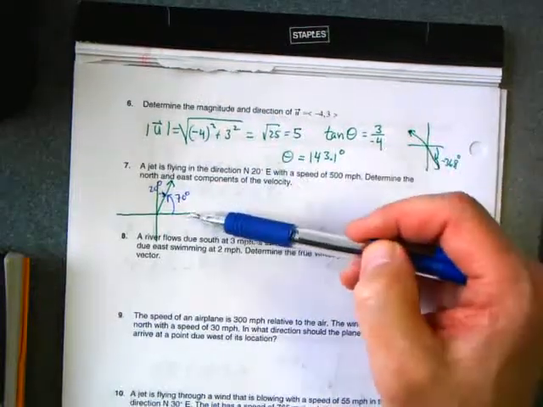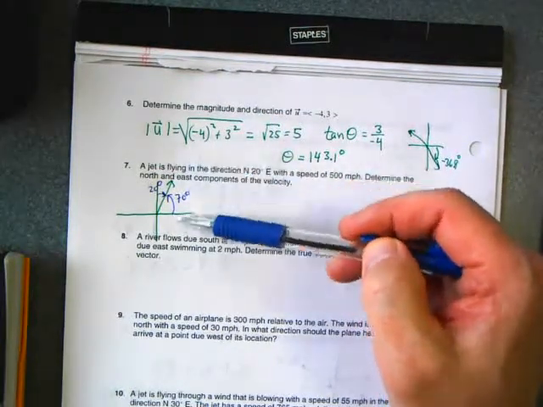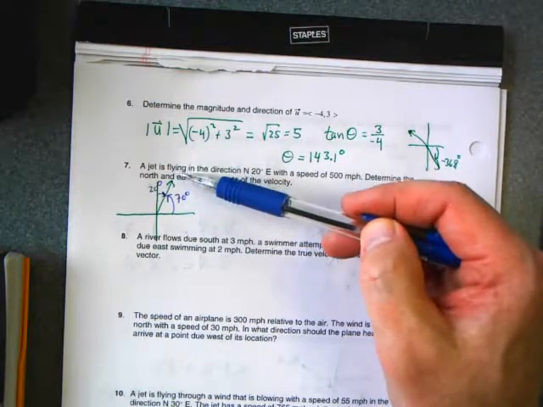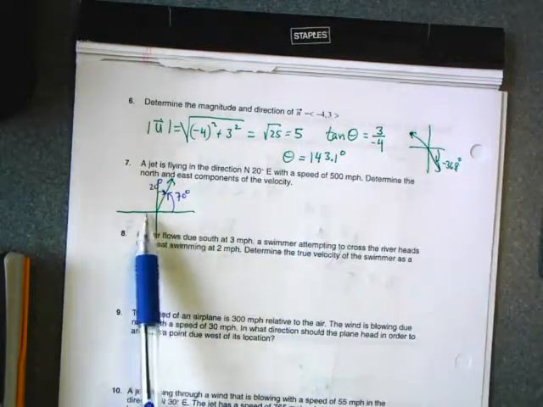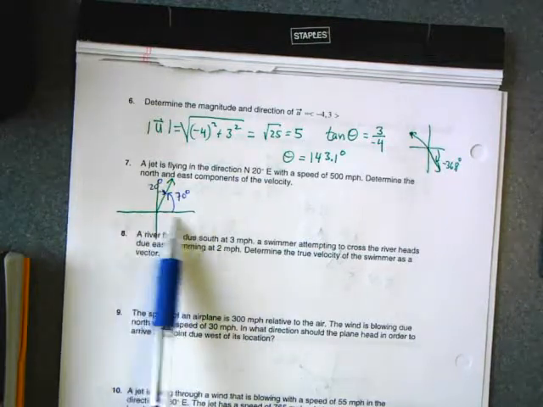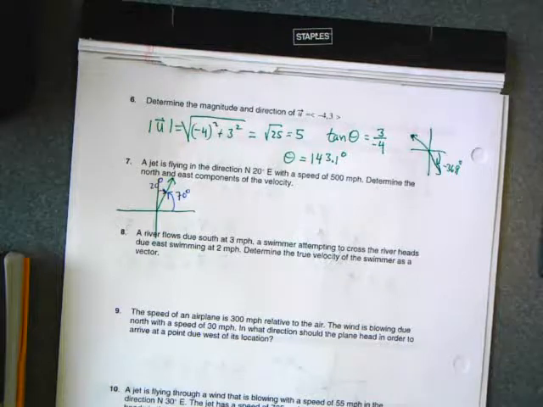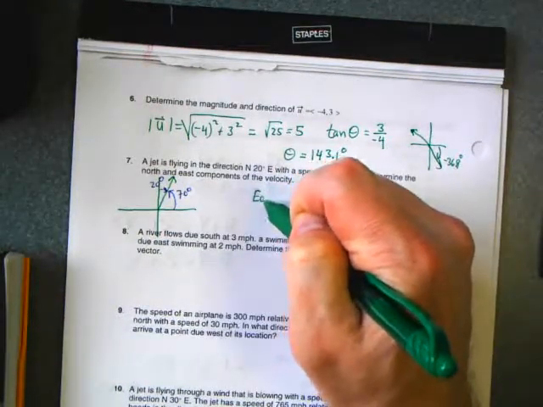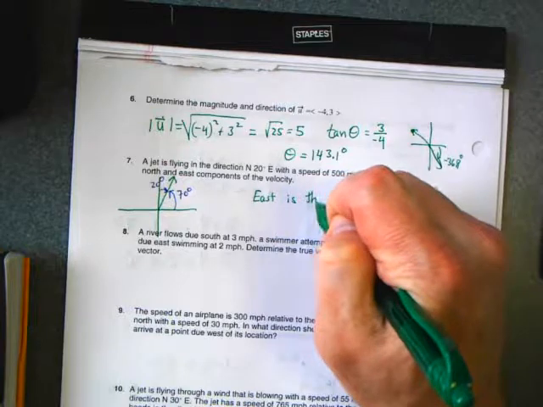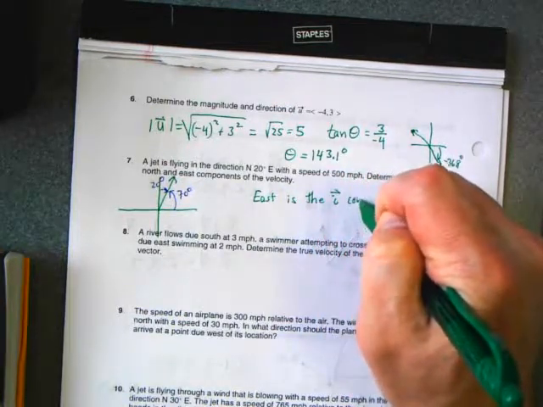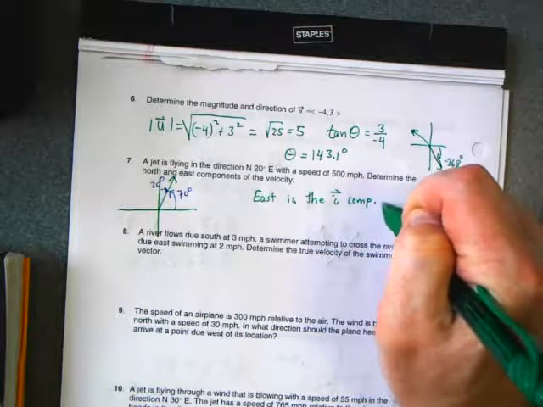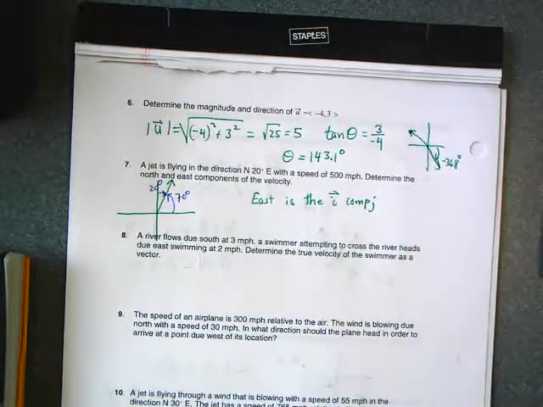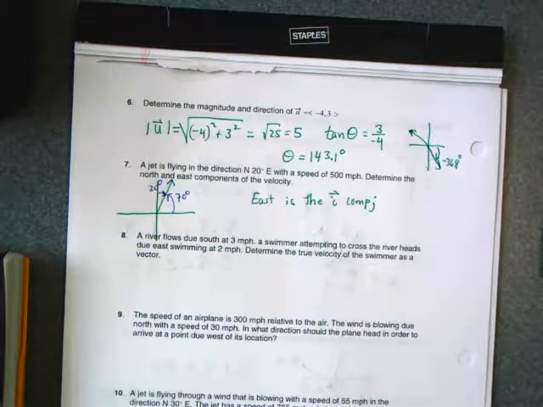Well, we don't usually call it the north component in math, we usually call that j. And east is left and right, so that's usually i. So east is the i component. How do we find the i component? i is just to the right, left and right.